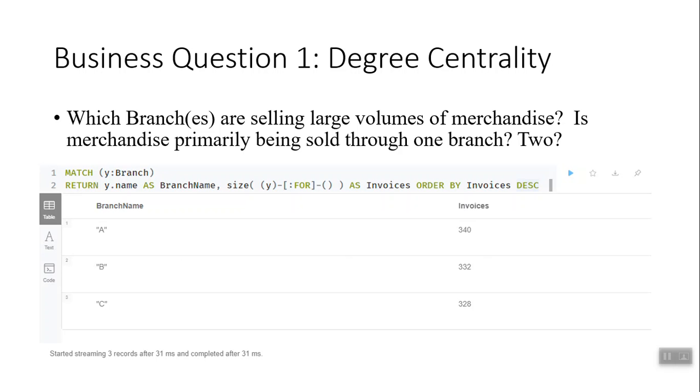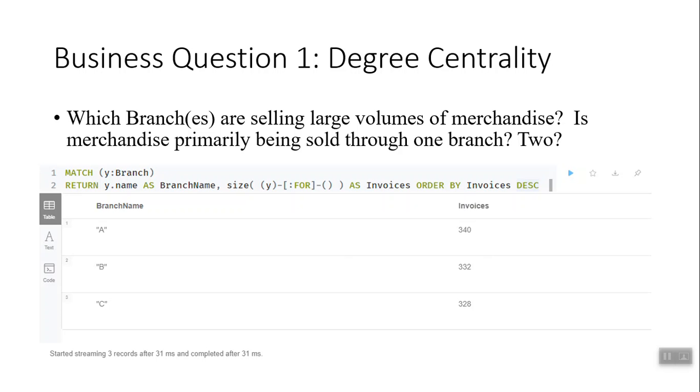So moving into the first business question, degree centrality, which branches are selling large volumes of merchandise or product line. Why I did degree centrality here was I really wanted to see the number of connections that the invoice ID had.